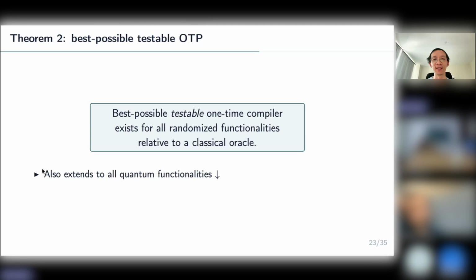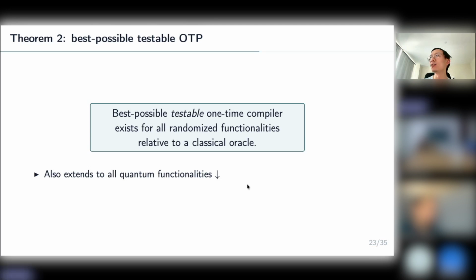This is relative to a classical oracle, which is morally the same assumption as the prior work. In fact, for the same assumption, we can even extend this to all quantum functionality. So basically, once you restrict the class of one-time compilers from every possible implementation to just pure or testable ones, then best possible security is indeed achievable.